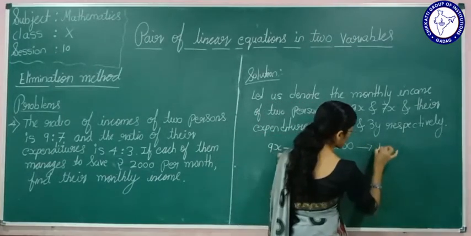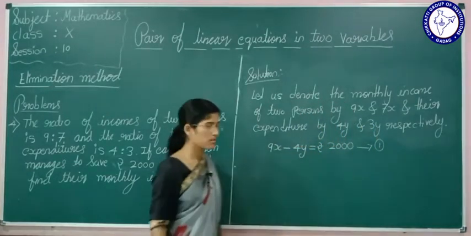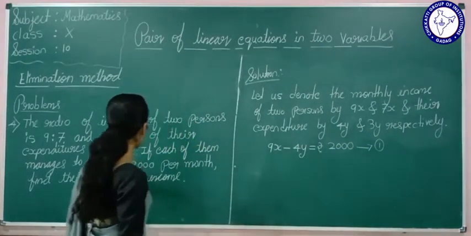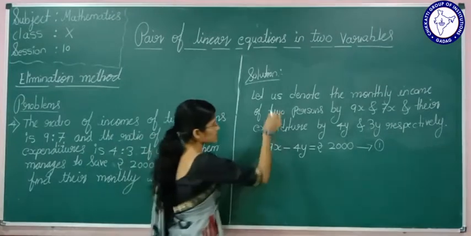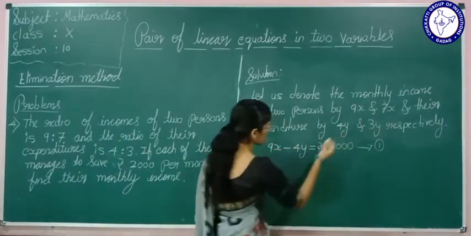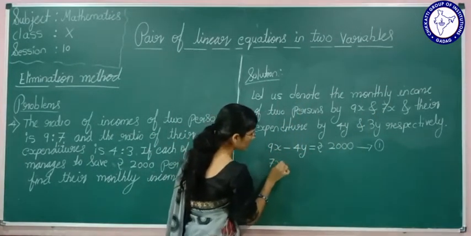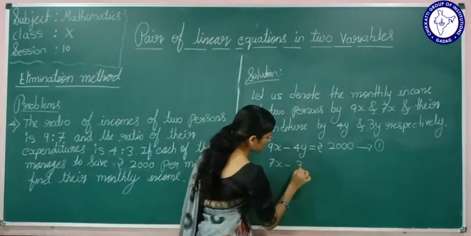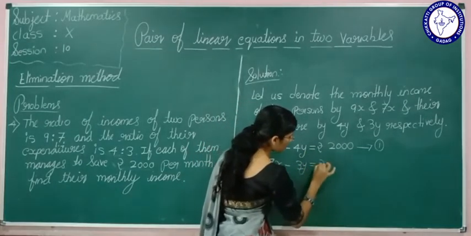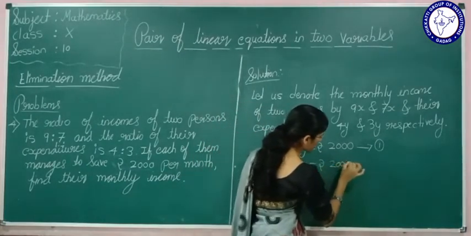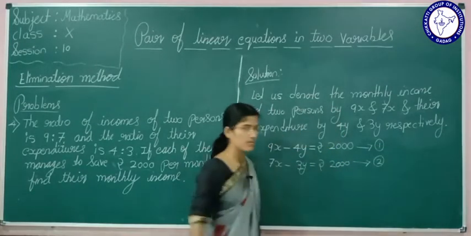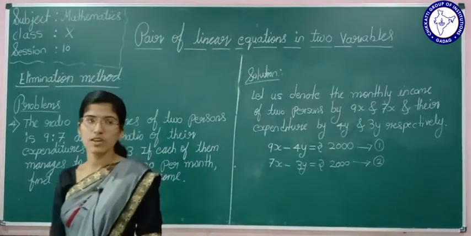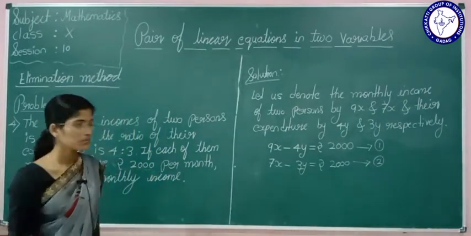Call this equation number 1. Now we will see the second person. The second person's monthly income we have denoted by 7x, his expenditure will be 3y, and he will save rupees 2000 from the monthly income. Call this equation 2. Now we got equation 1 and equation 2.